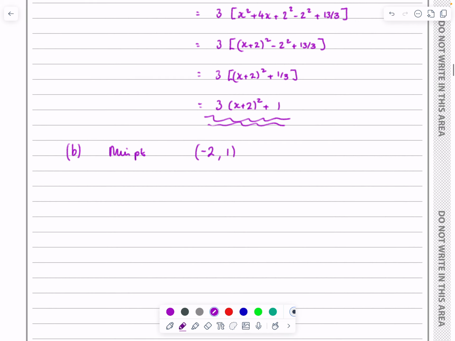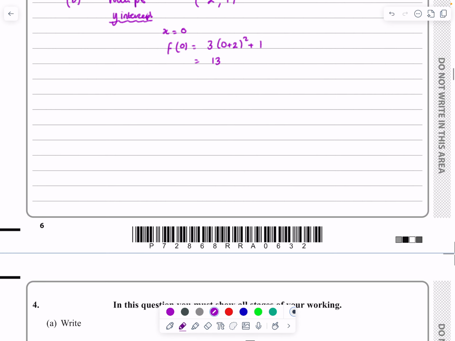Where's it going to hit the y-axis? So the y-axis is going to be when x equals 0. So for y-intercept, we just want x to be equal to 0. So f(0) is going to be 3 lots of 0 plus 2 squared plus 1, which is 12 plus 1, which is 13.